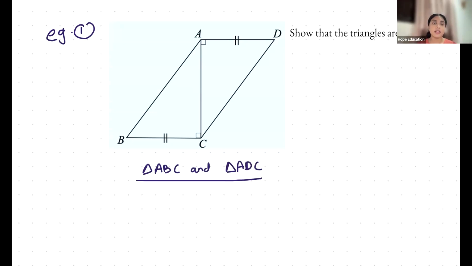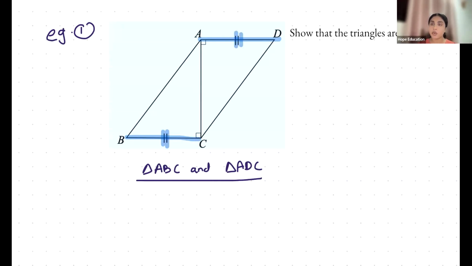Can you see that in the triangle ABC, the BC side is equal to the AD side in the triangle ADC? Can you see that? Because they have both marked 2 lines. That means the side BC and the side AD are equal.